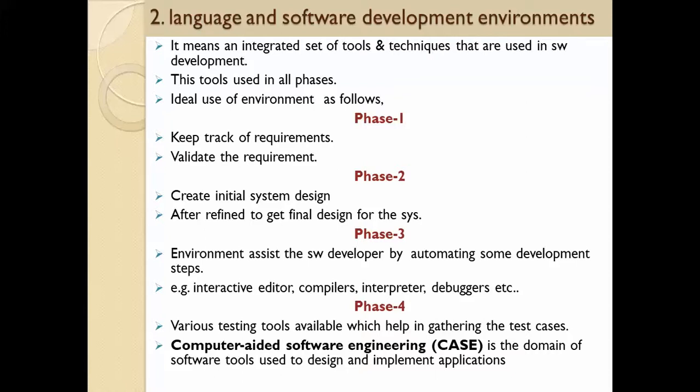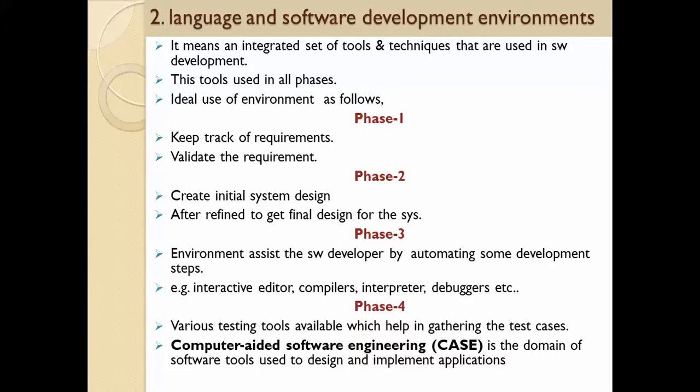To perform this task, they use UML diagrams, and these diagrams are designed using tools such as Rational Rose or StarUML. These are the tools used to draw UML diagrams.